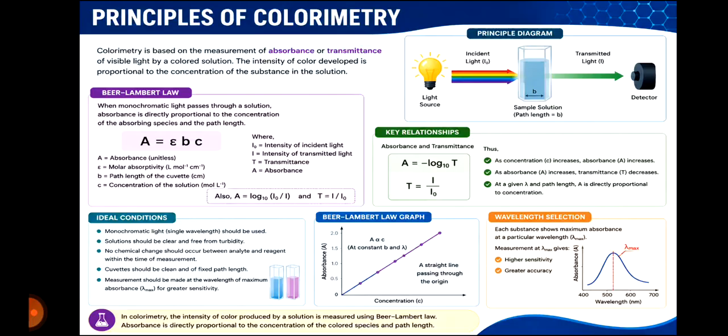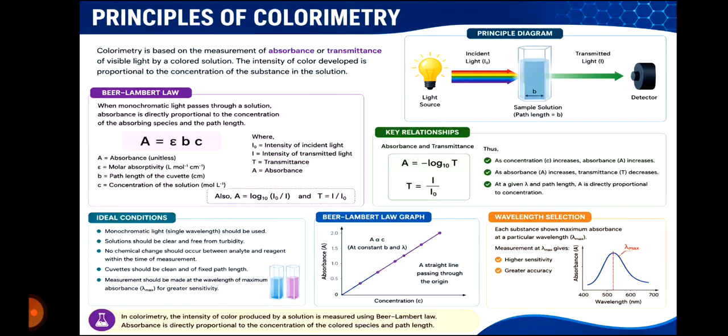When monochromatic light passes through a solution, absorbance is directly proportional to the concentration of the absorbing species and the path length, which is given by the equation A = εbc, where A is absorbance, ε is the molar absorptivity, and b is the path length, which is always kept as 1 centimeter and is constant. And c is the variable, which is the concentration of the particular biomolecule in the solution.